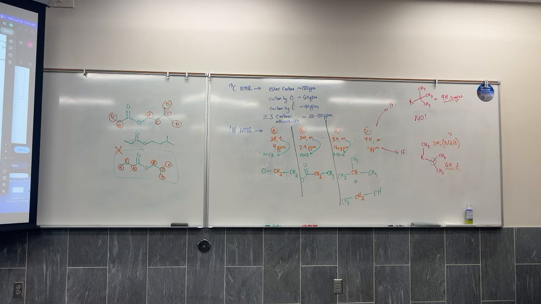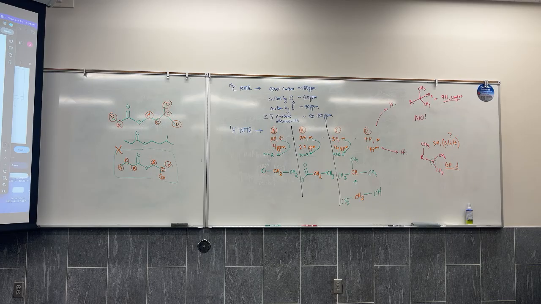Just a little question on the carbon NMR. Is the number of peaks supposed to be how many carbons are in the compound, or is it just telling you where it is, so what it should be attached to, basically? The number of peaks in a carbon NMR informs you about the number of types of carbons.